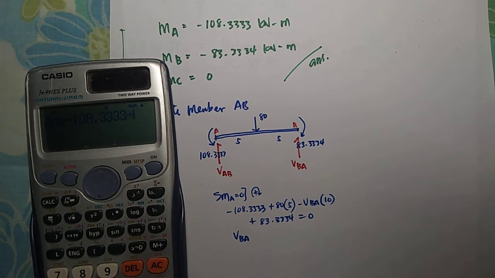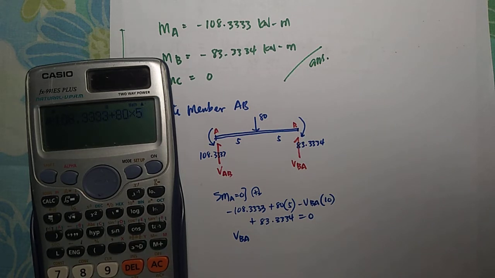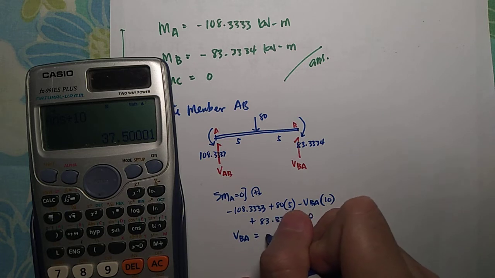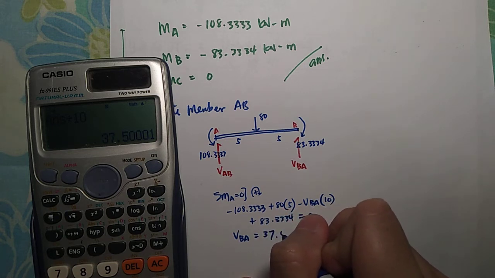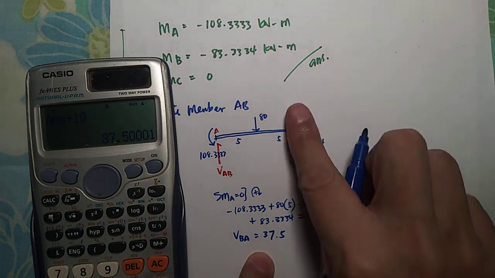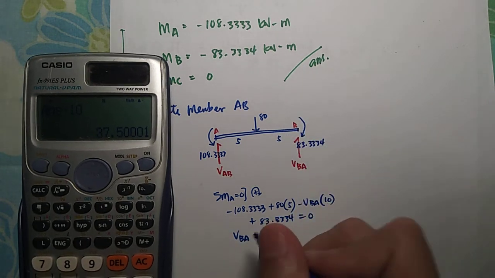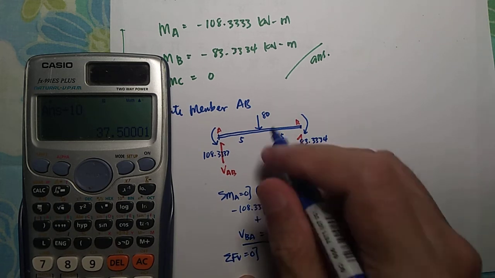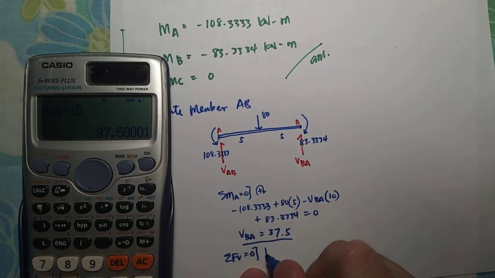So, masolve ko yung shear sa VA. Okay. Plus 80 times 5 divided by 10. So, ang shear ko sa VA is positive 37.5. Ibig sabihin ng positive 37.5, tama yung direction ko rito na pataas siya. Then, if I summation forces vertical equal to 0, so, VAB, let's say pataas or positive. So, VAB, pataas.